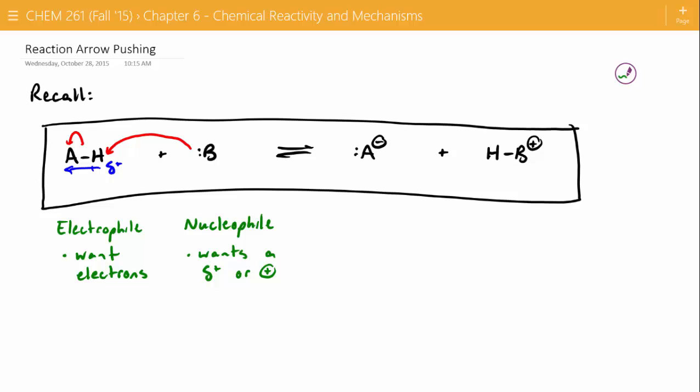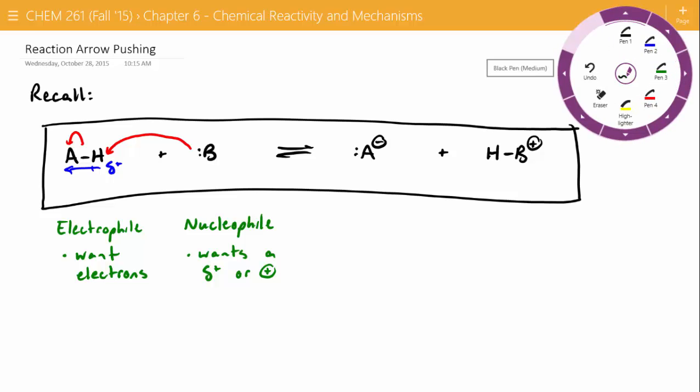So the one thing I was trying to drive home with acid-base reactions was we always start electron pushing arrows at electrons. We don't show the movement of the proton by having an arrow from a proton going somewhere else. It's always showing movement of electrons.